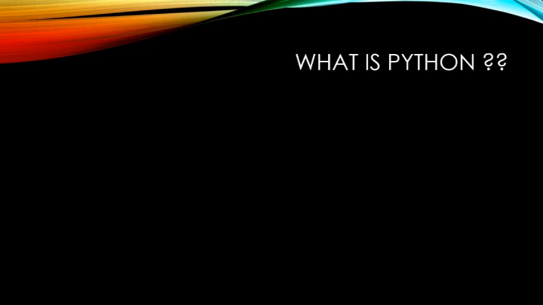So, basically, the first thing that came to our mind is, what is Python? It's a programming language, as you all know. It's a high-level language, which means it has easy-to-read syntax. Like if you want to add something, there is a syntax called sum by which you can add something.